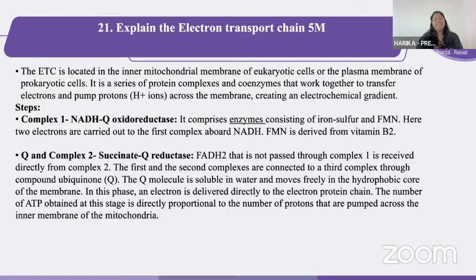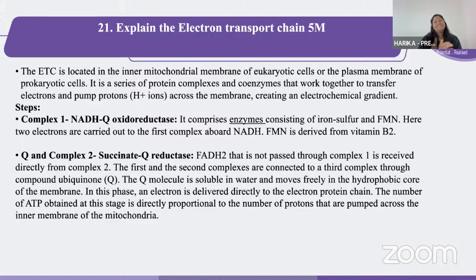Here two electrons are carried to complex 1 from NADH, and FMN is derived from vitamin B2. Second step is complex 2, succinate-Q reductase. In this step, FADH2 is not passed through complex 1 and is received directly from complex 2.